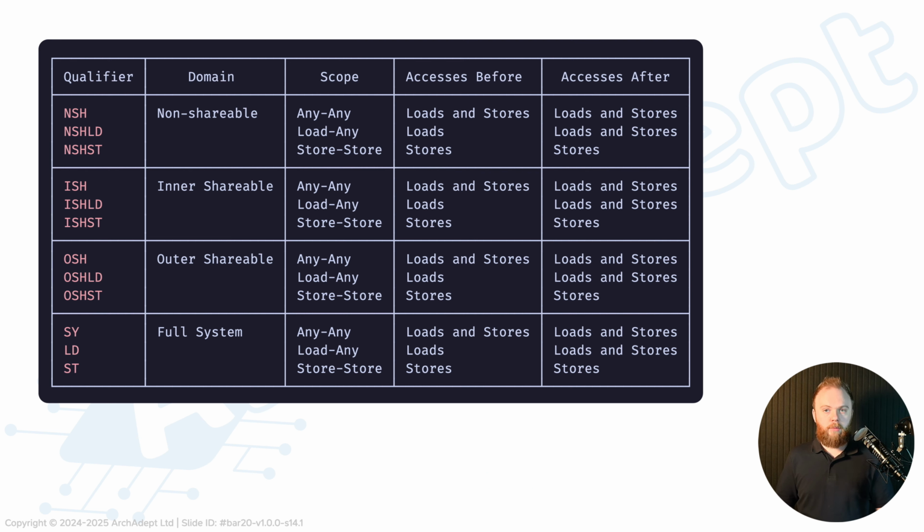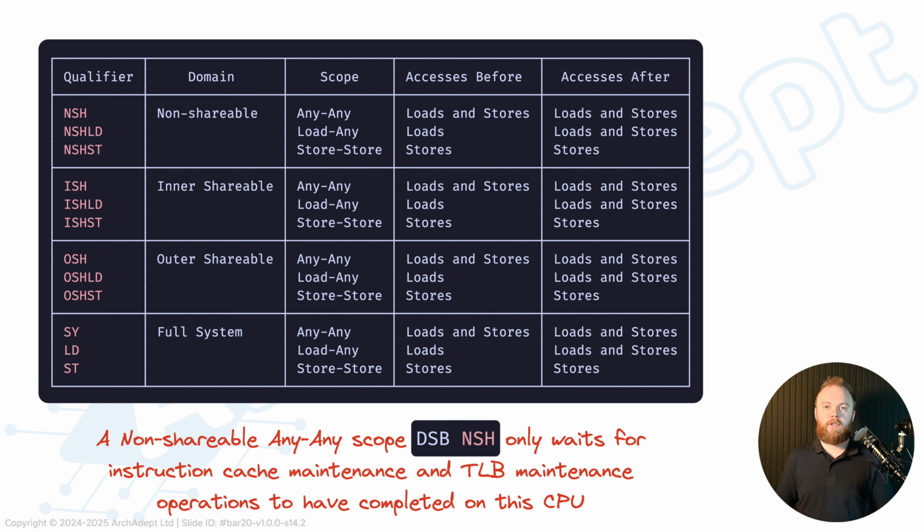Speaking of shareability domains, you may recall this table that we first saw back in Lesson 6, which was summarizing the various DMB qualifiers. So there are 3 levels of shareability that we're already familiar with, these being inner shareable, outer shareable, and full system. But I mentioned back in Lesson 6 that there are also non-shareable variants that use the NSH or NUSH prefix.